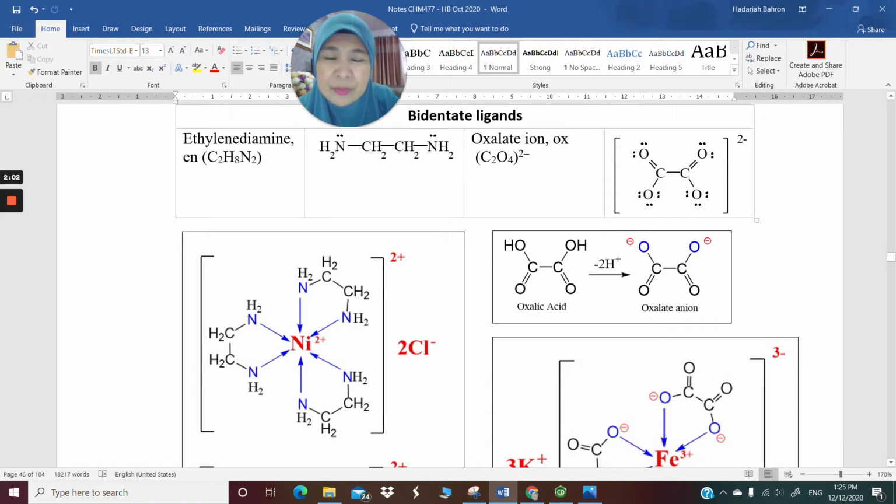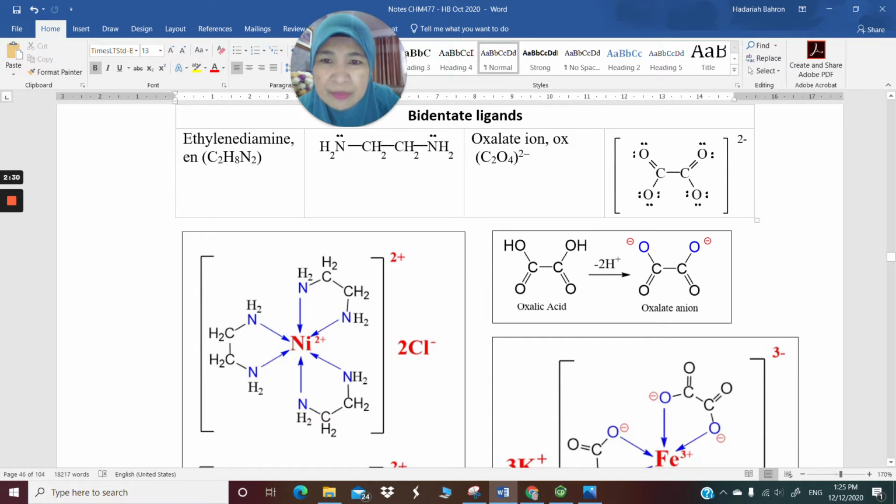When it bonds to a metal center, for example nickel, this is NH2CH2CH2NH2. This is one ethylene diamine bonding to the nickel, a transition metal center, through one nitrogen donor atom.